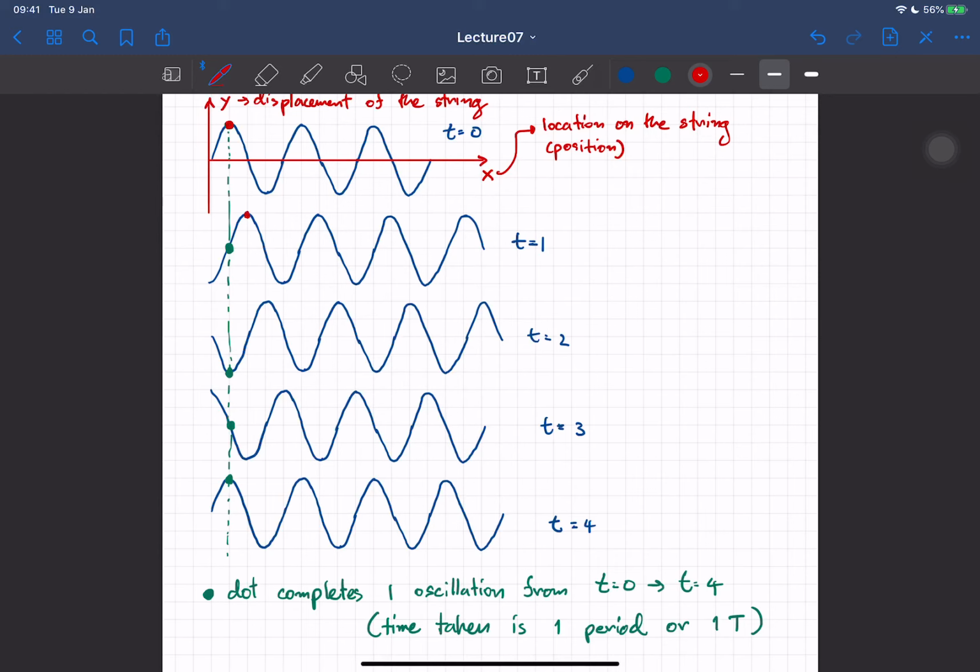So I care about this dot here, and here, and here, and here, right? So the dot now moves along with the wave like this.